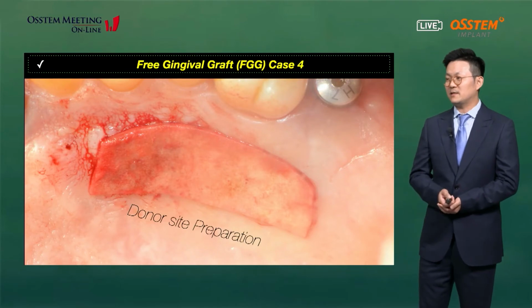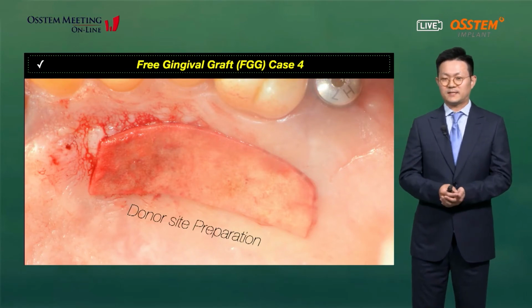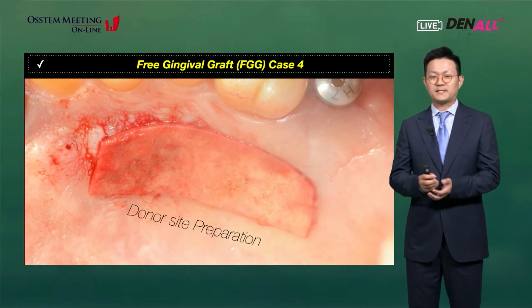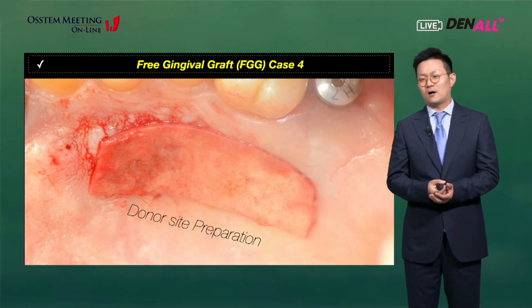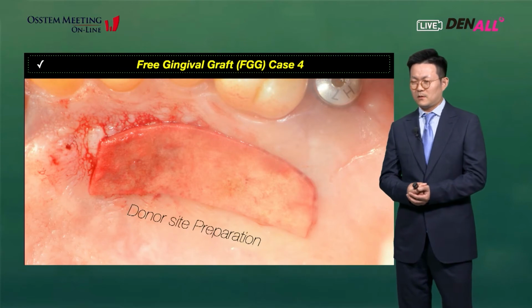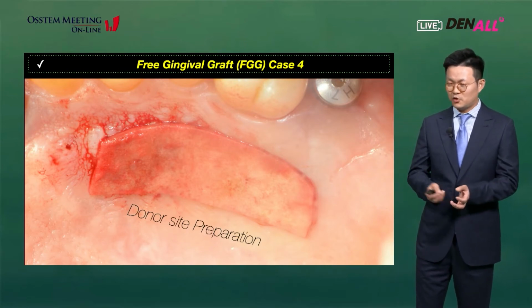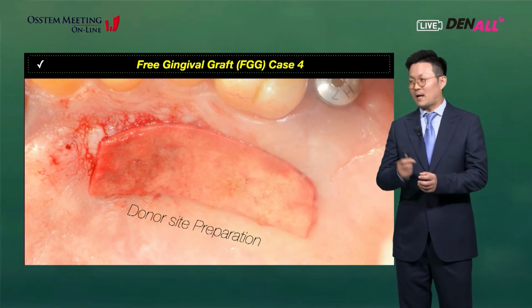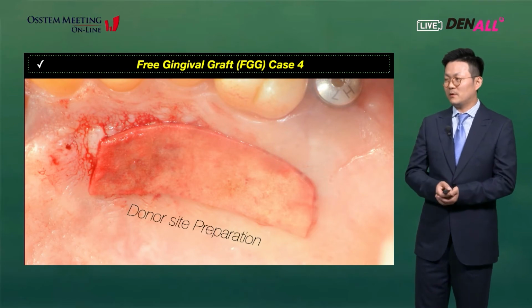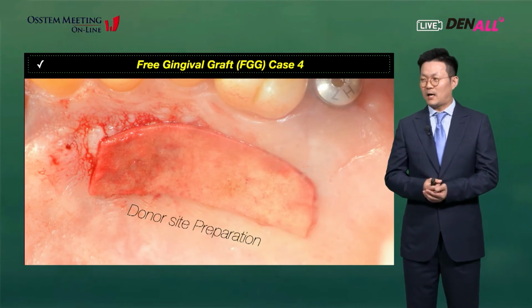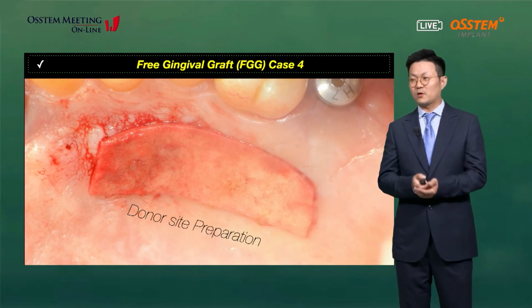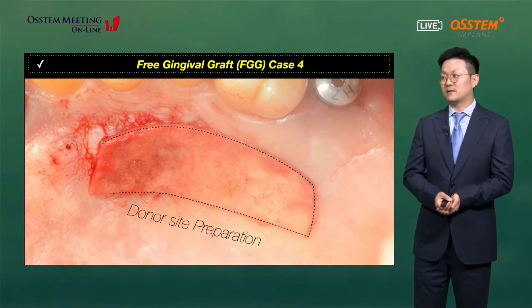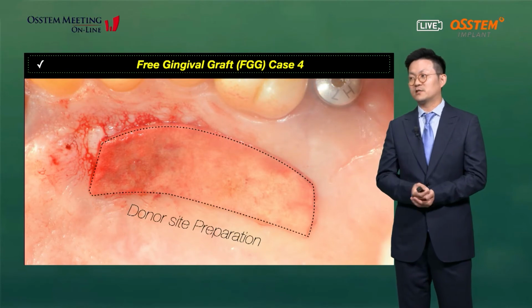Anyway, in this case, I measured the size and the shape of the recipient side with this paper. Actually, this paper is a paper that carries the suture. Anyway, I use this paper and I deliver this template to the donor side, and I made the incision following the margin of the template.